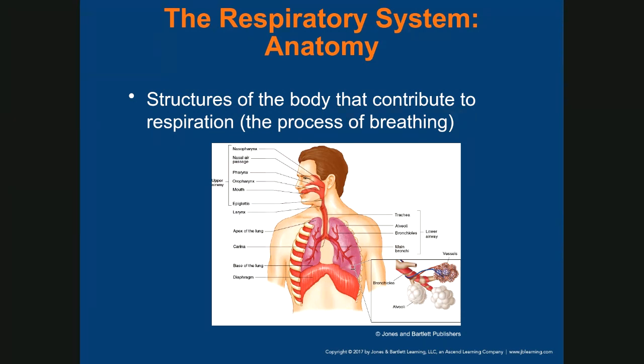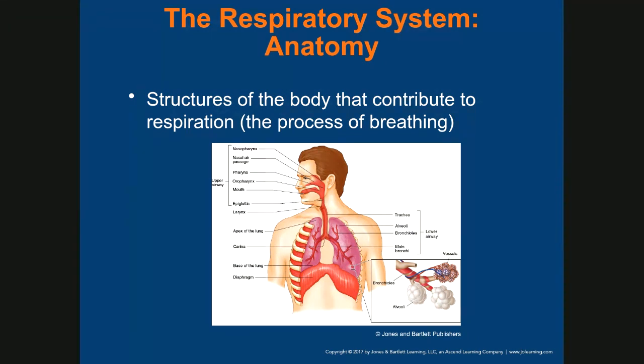H, the upper airway structures are responsible for humidifying the air, or making it moist, and that's better done through the nose. F, the upper airway structures are responsible for filtering the air that we're breathing. So it warms, humidifies, and filters. And that function is better carried out when we breathe through our nose than when we breathe through our mouths, right?